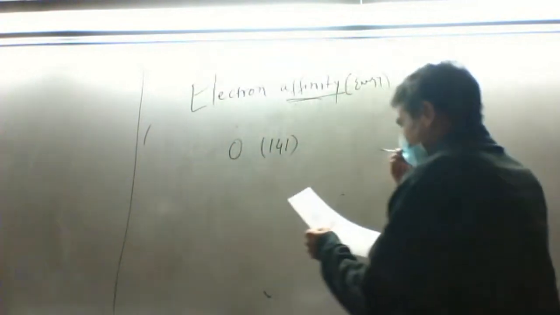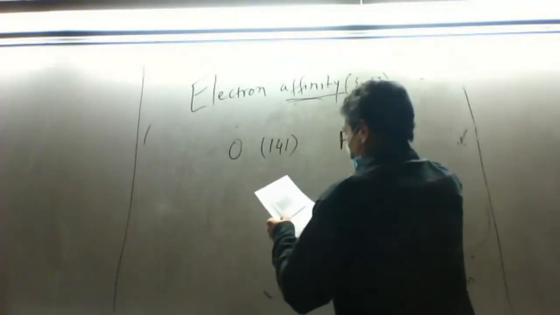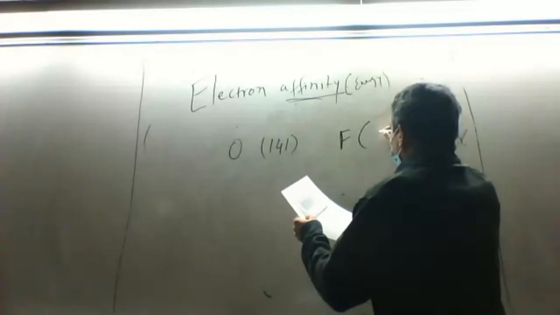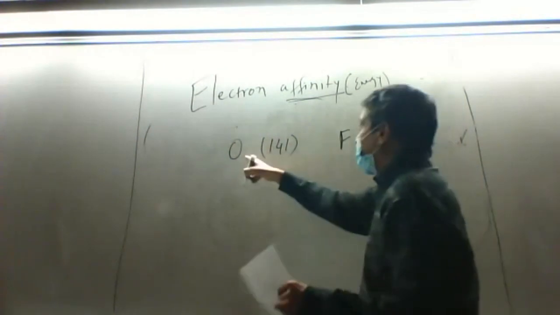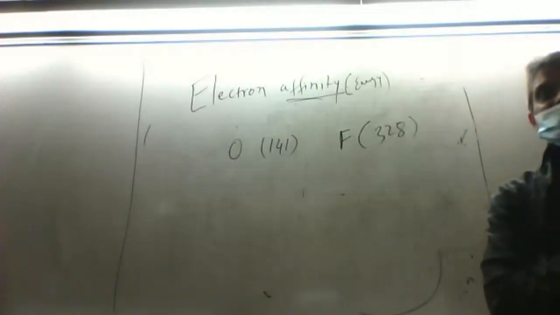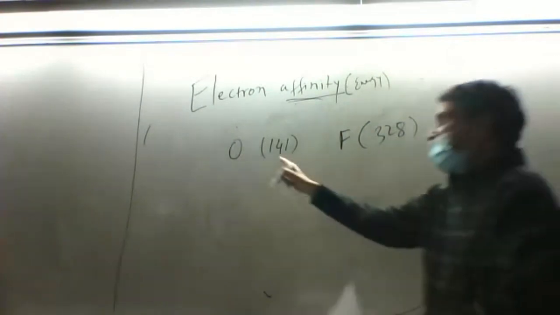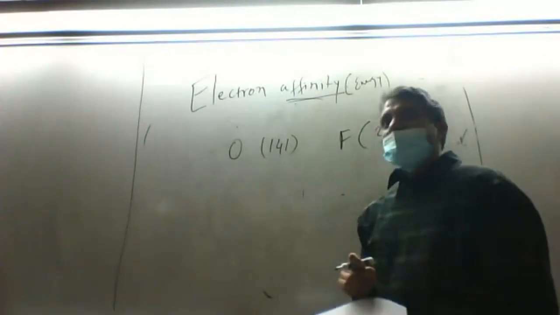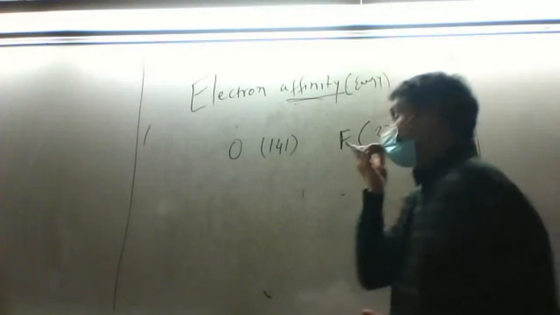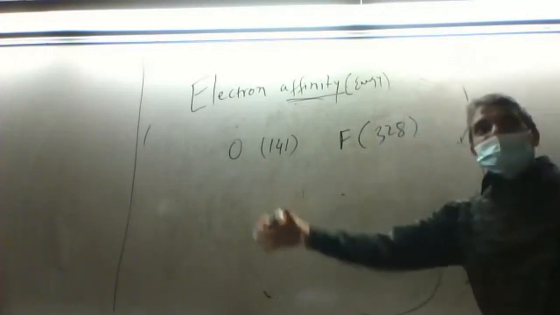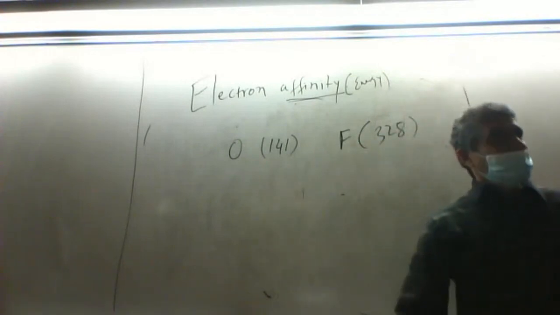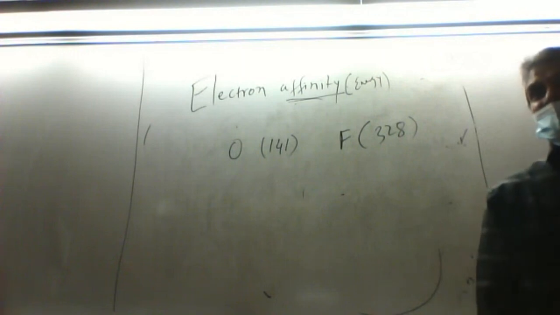It's pretty small. But if you go to fluorine, it has 320, too big. Going from oxygen to fluorine, the electron affinity value is too big. So oxygen doesn't want to take the electron. It's not happy to take the electron. But fluorine is really happy. If there is a possibility of finding an electron, it really wants to attract that electron, right?